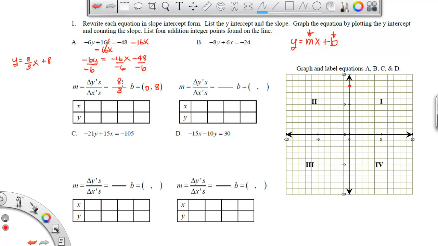So this slope says I go up 8 and to the right 3. Well, I can't go up 8 or to the right 3, but I can do this. I can go down 8 and then I can go to the left 3. So we'll go down 8, to the left 3, down 8, to the left 3.